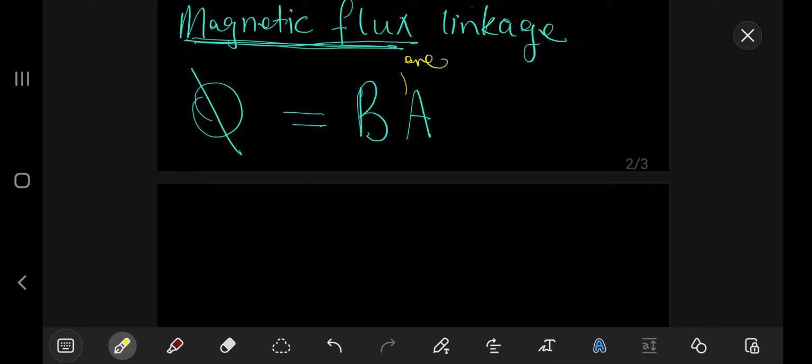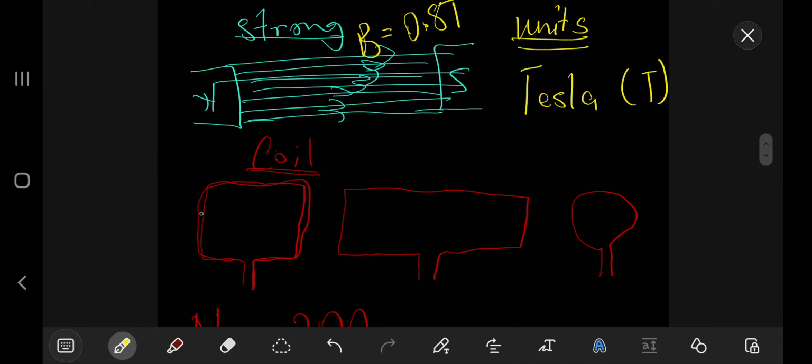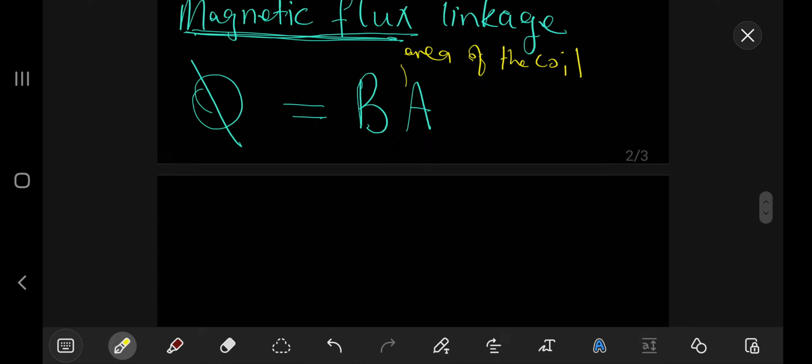This is the area of the coil. So in a square, remember you multiply the sides, that is our area. If it's a rectangle, multiply the sides, that is our area. But if it's circular, then we need the radius, where the area is pi r squared, right? Okay, so that is the area of the coil.